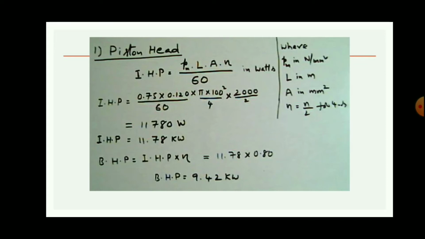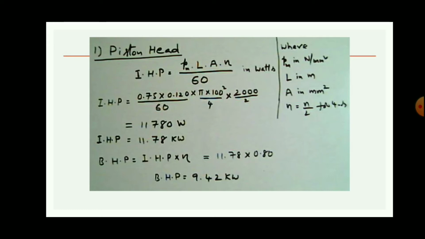The pressure is actually given in the question, which is 0.75. We are converting that into meter into millimeter square, and we are converting the length in terms of meter.